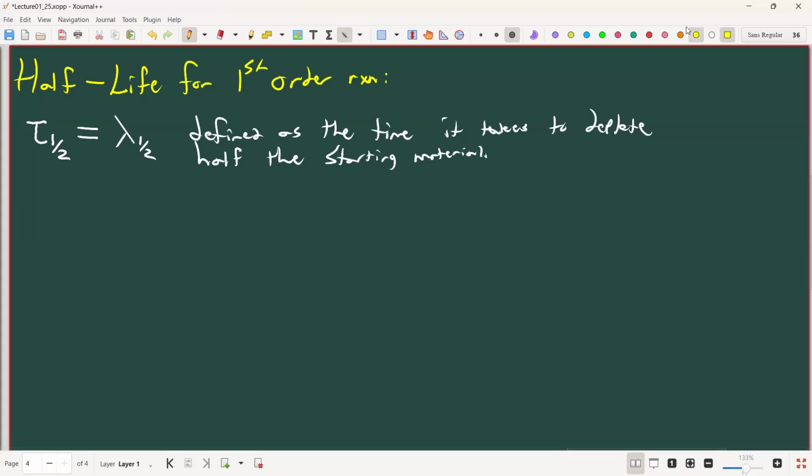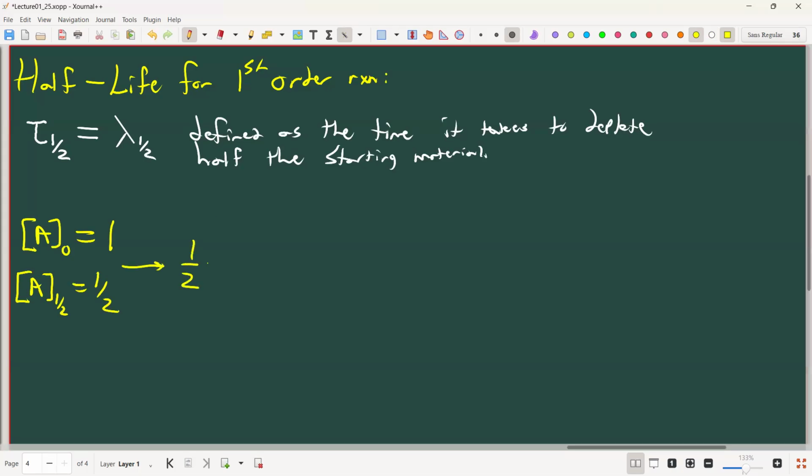So we can simplify this really quickly. Let's assume that the initial concentration of our product is 1. That would mean that our half-life concentration is 1/2. So we get an equation that looks like 1/2 is equal to e to the minus k_R times tau 1/2.